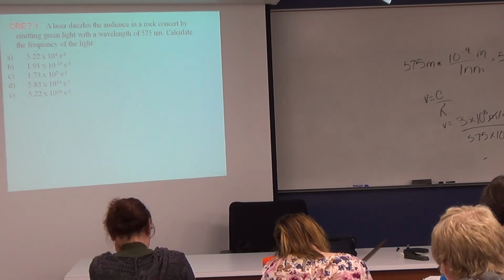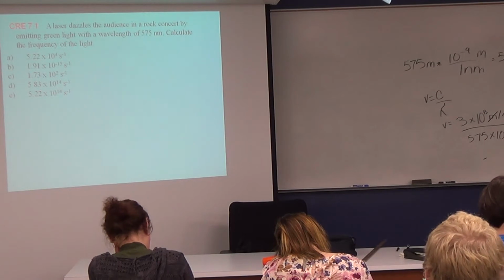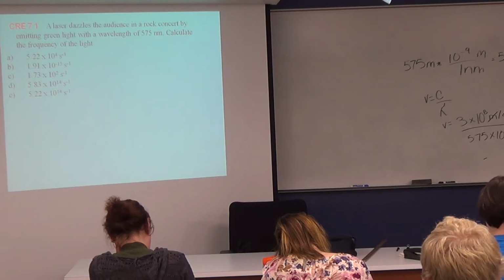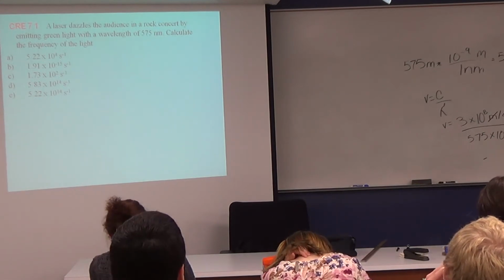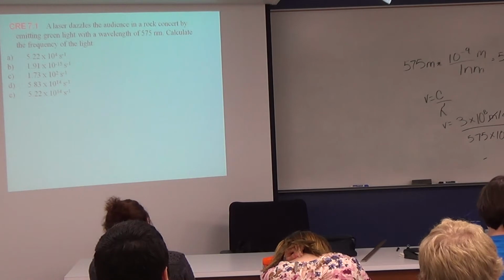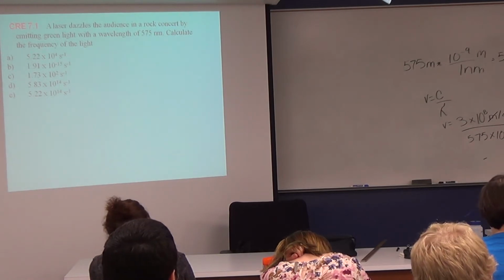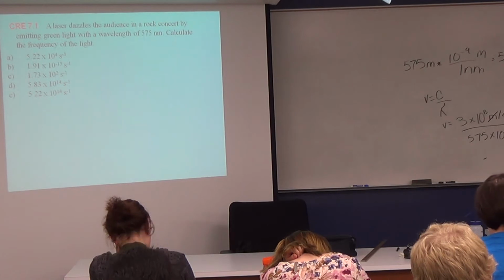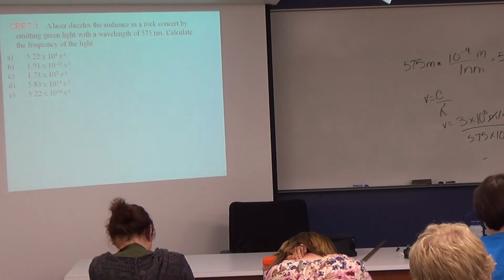How do you know how many decimals you have to move? You just move until you get a number that is smaller than 10 and larger than 1. You don't want to stop at 0.5, which is smaller than 1, and you don't want to go to 50, which is more than 10.